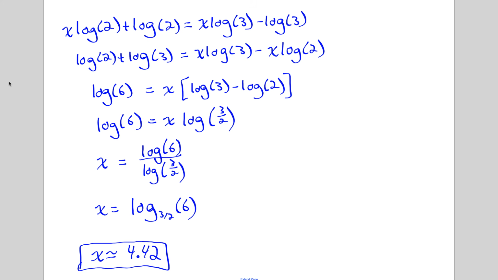Okay, hopefully you're able to get the right answer. If not, make sure you correct your solution and follow the steps that I outlined here.